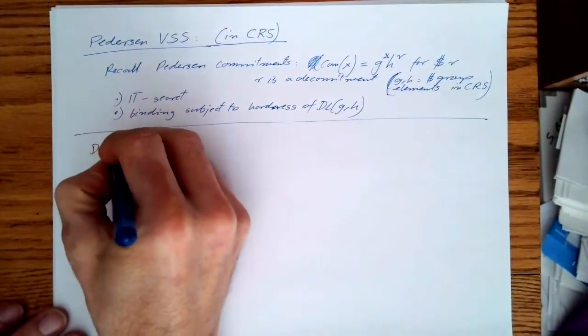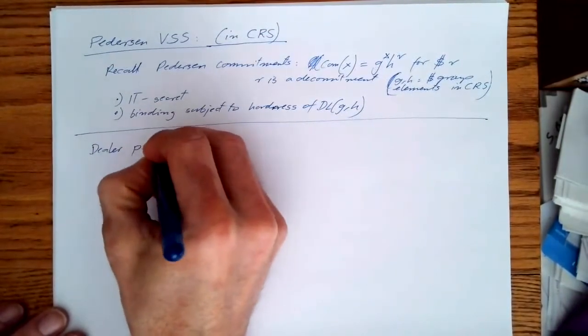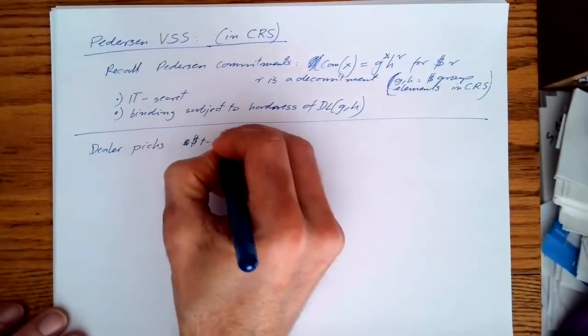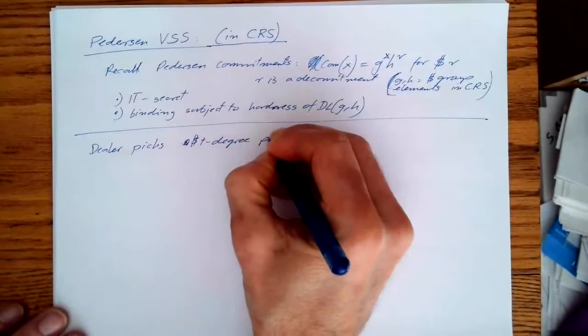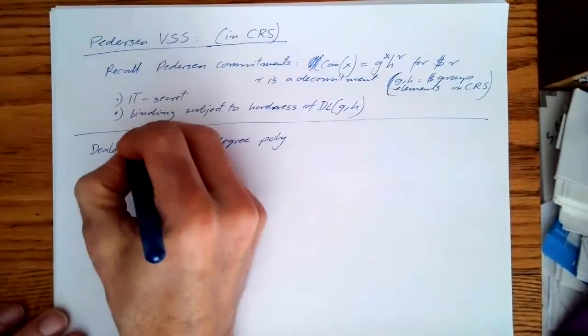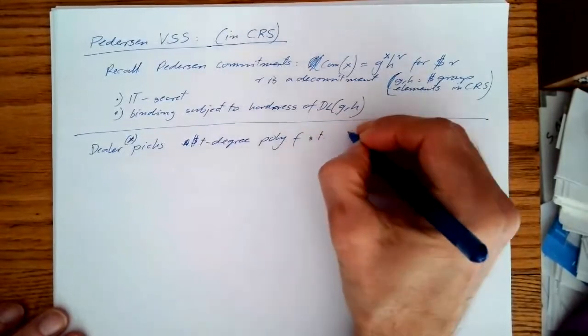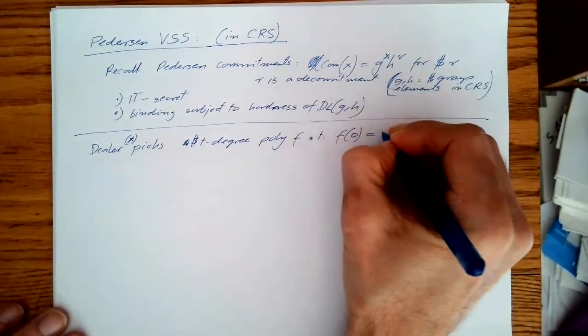Dealer picks a random T-degree polynomial f. So the dealer, who wants to secret share x, picks f subject to the constraint that f(0) is x.